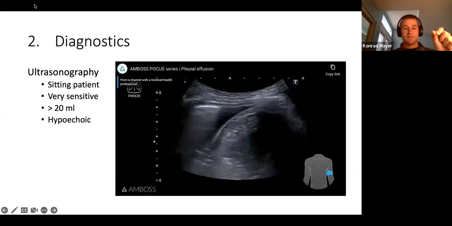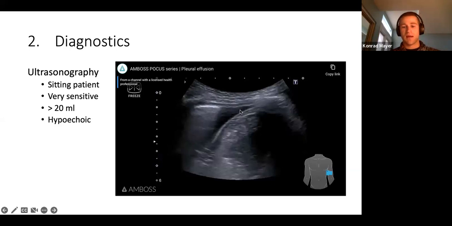It is very sensitive and it can pick up pleural effusions just above 20 milliliters, in comparison to the chest X-ray, which depending on the position picks up pleural effusions after 100 or 200 milliliters have accumulated. The pleural effusion is this hypoechoic area on the ultrasound.